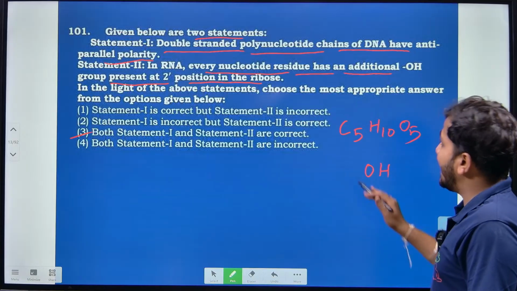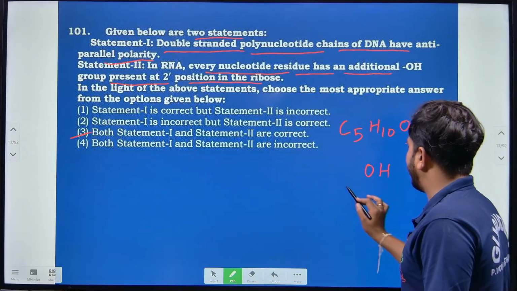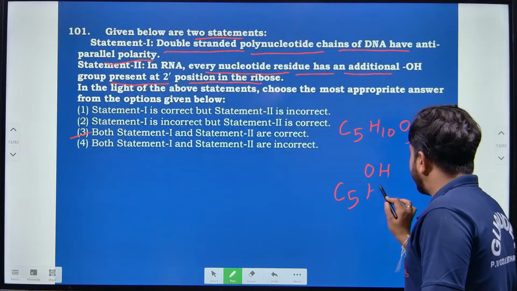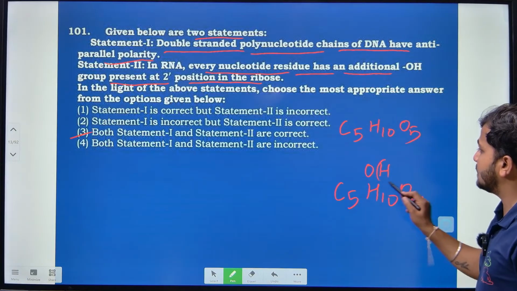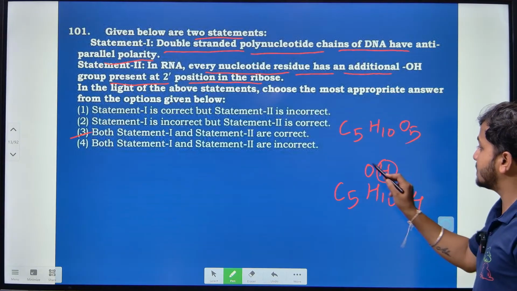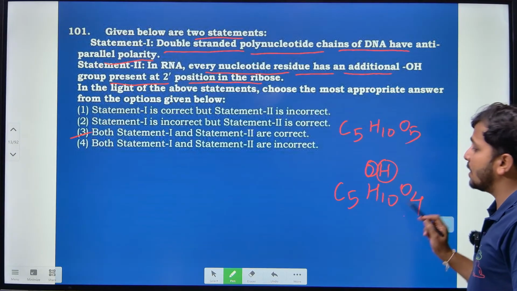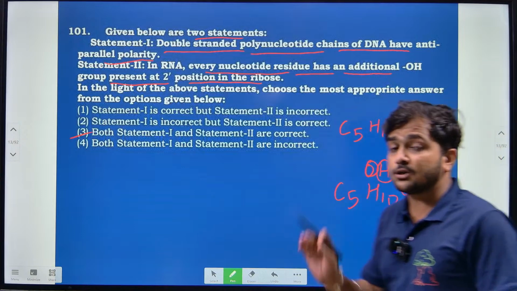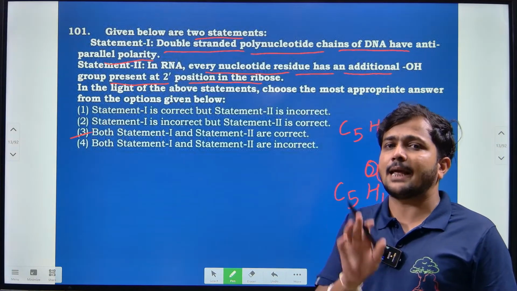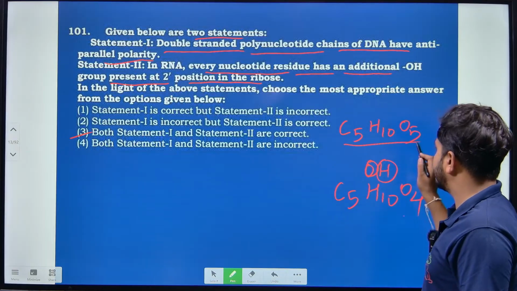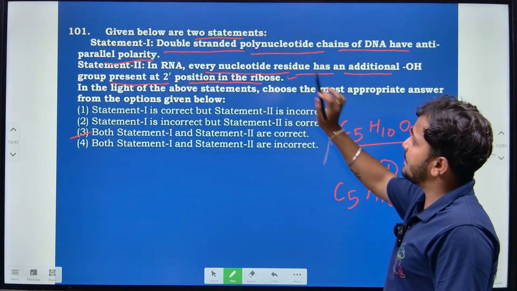But in DNA, at the second position of carbon, it is C5H10O4, where one hydrogen and one oxygen are less in the pentose sugar of DNA. So we call it deoxyribose, and here we call it ribose sugar. So this statement is correct.